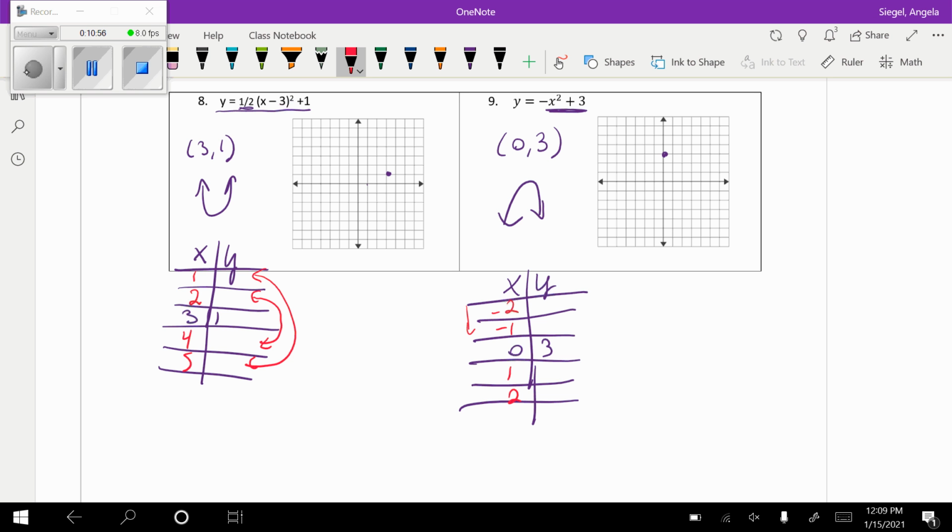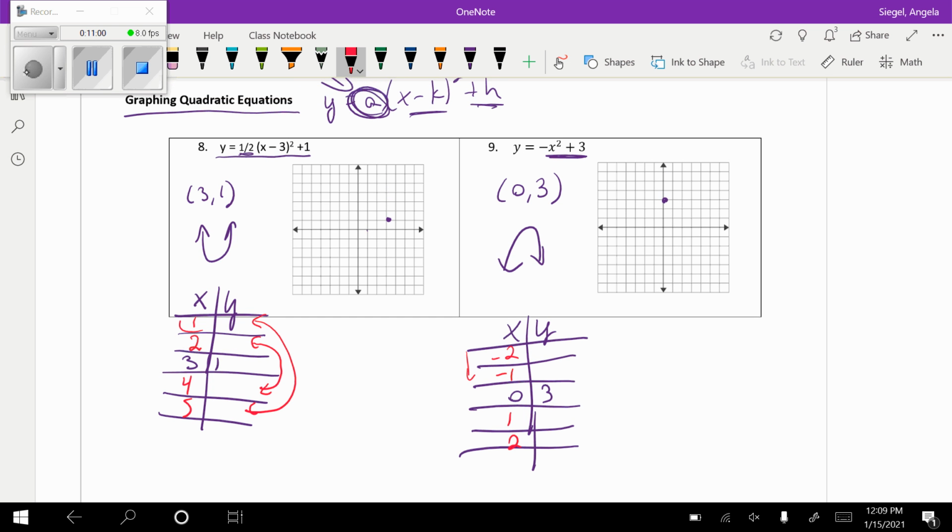Notice that both of these have 5 points. I'm going to stick these points in my calculator to come up with the y values. When they repeat, my point for 1 is going to have the same y value as my point for 5, and my point for 2 is going to have the same y value as my point for 4. So go ahead and fill that in and see what you can get.